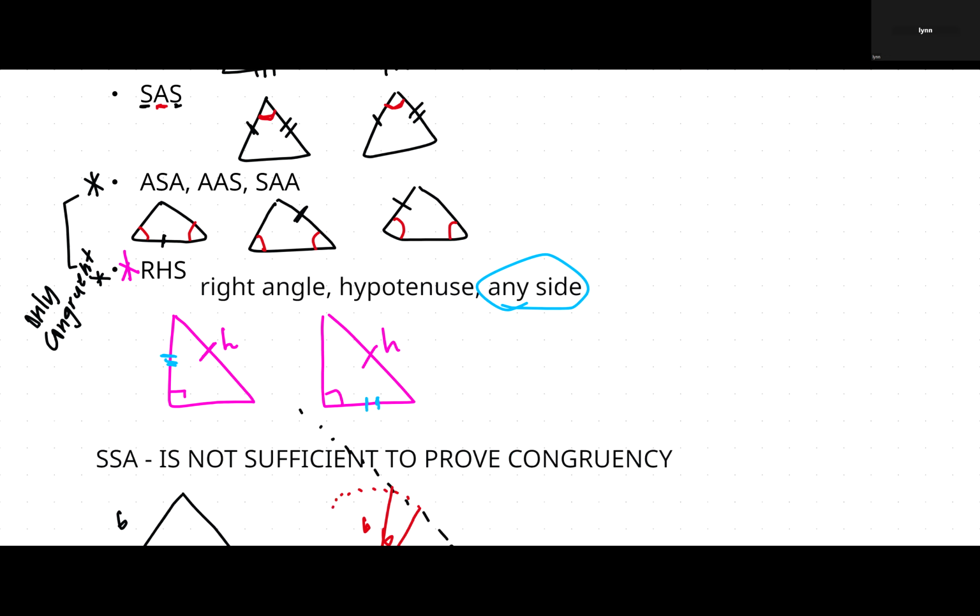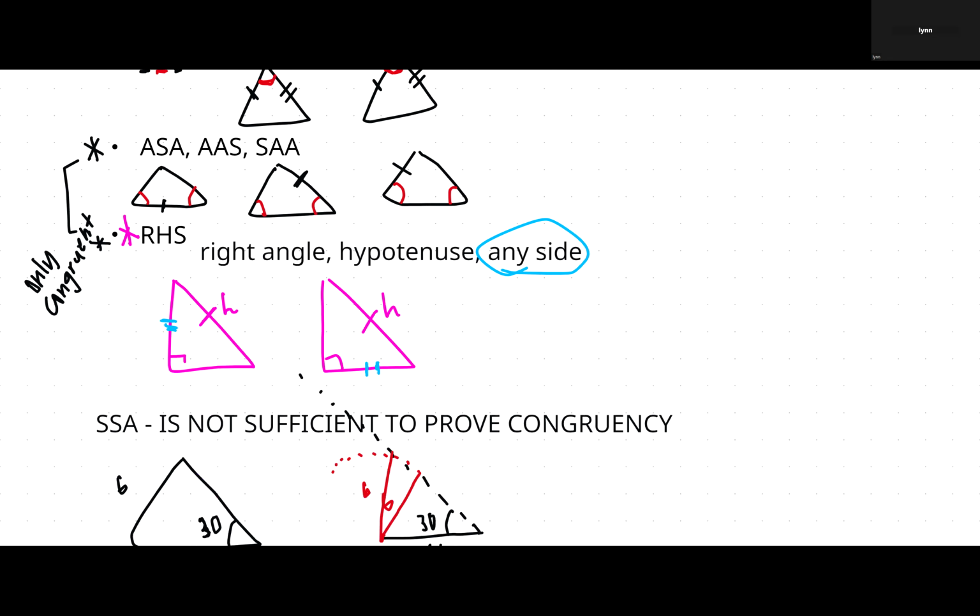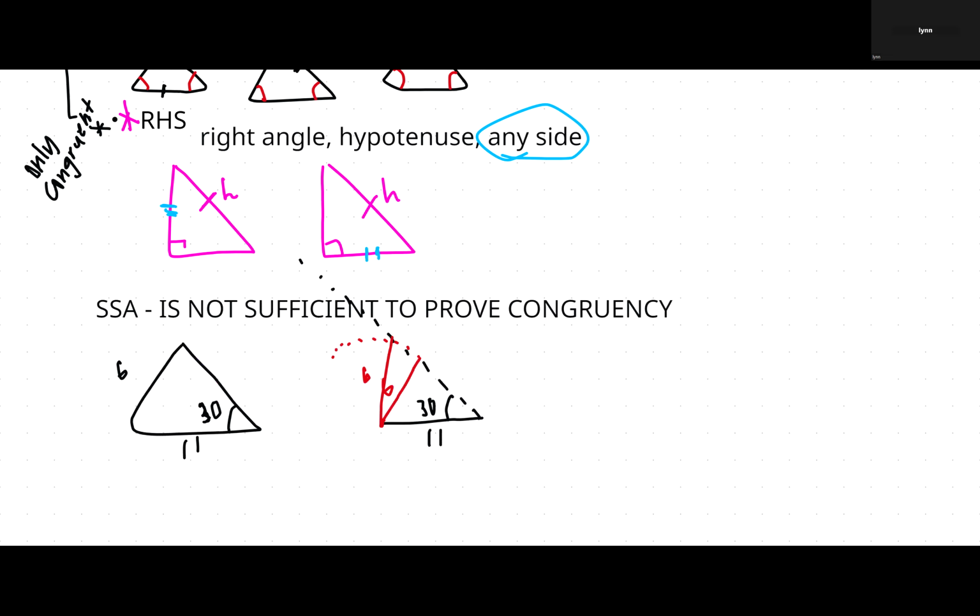Unless I have no other choice, I realize that, oh my God, my top 3 favorites cannot be used, then I will go to ASA, AAS, and SAA. But there's no such thing called SSA or ASS. Okay, so right now, we are done with congruent already. Later I'll give you some examples to practice, but I'm going to teach you guys similar next. So let's move on to similarity.